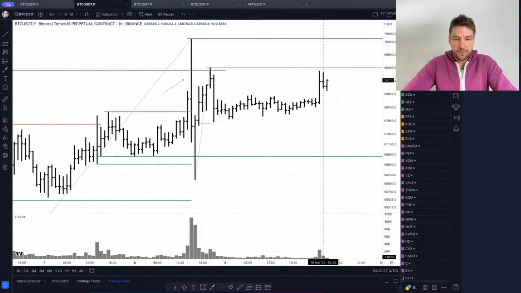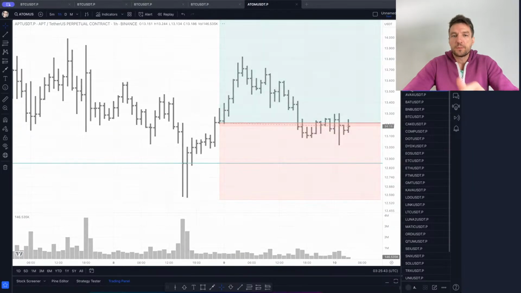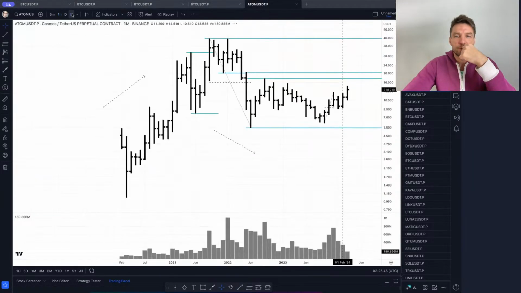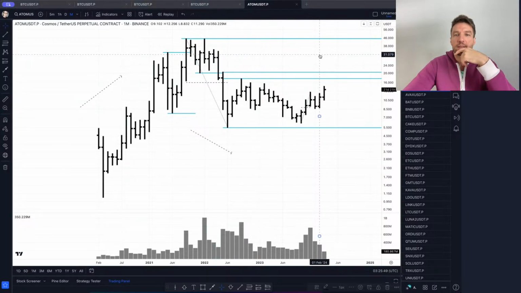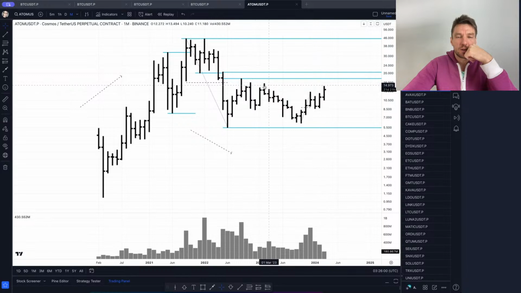So yeah, let's take a look at another crypto since we have some time. It's a weekend. I see it corrected to 0.5 and went up. This volume doesn't look like a correction anymore.